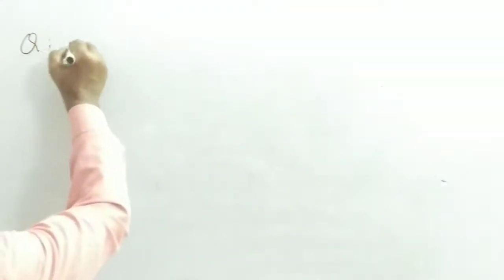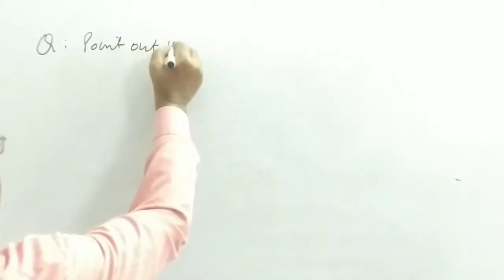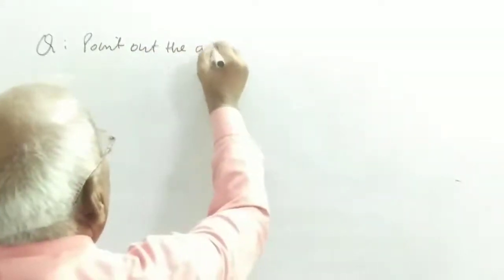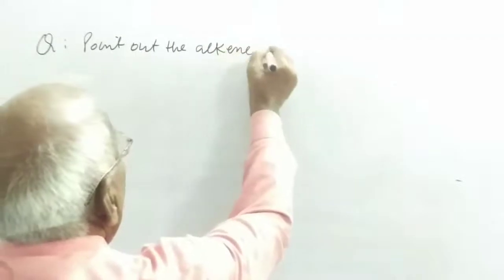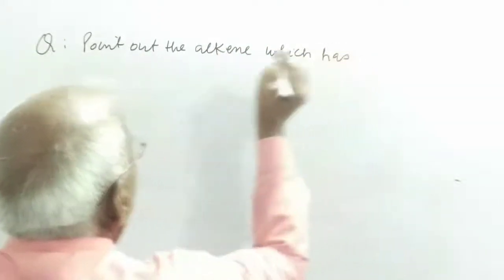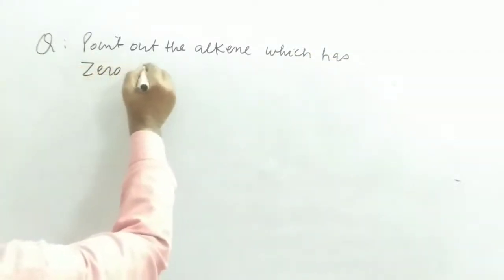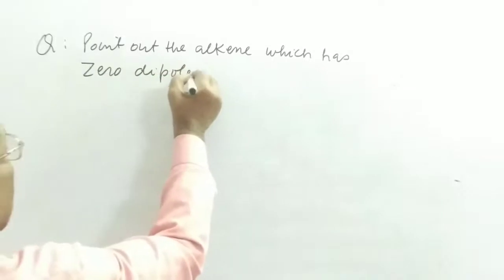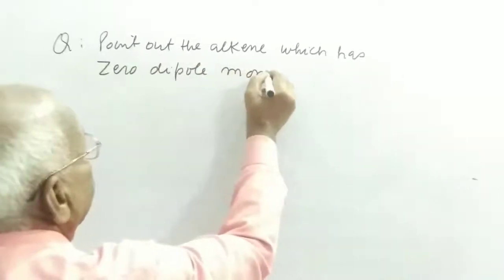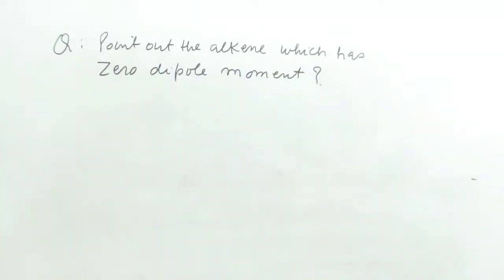Point out the alkene which has zero dipole moment. Find out the alkene which has zero dipole moment.